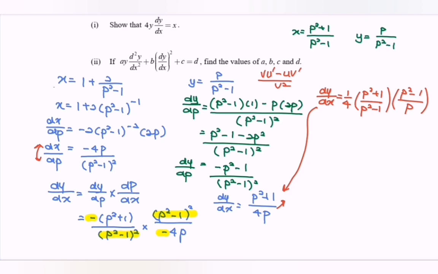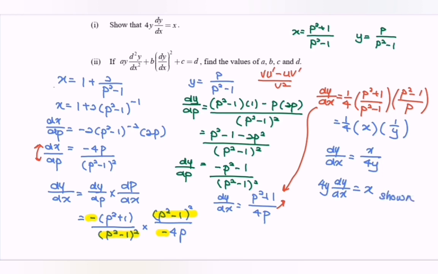Notice that we have 1 over 4, here we have x, and here we have 1 over y. Rewrite the situation: dy/dx equals x over 4y. So we have 4y multiplied with dy/dx equals x. From here, we have already shown the situation given.